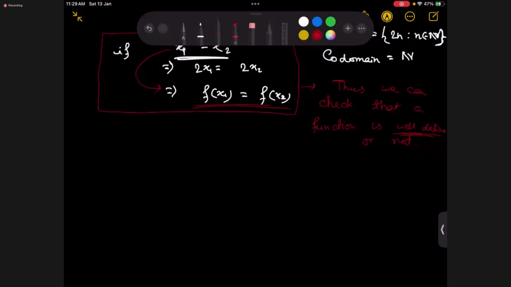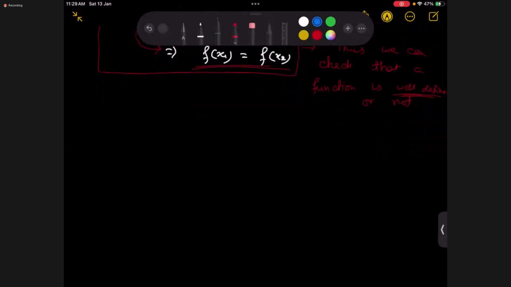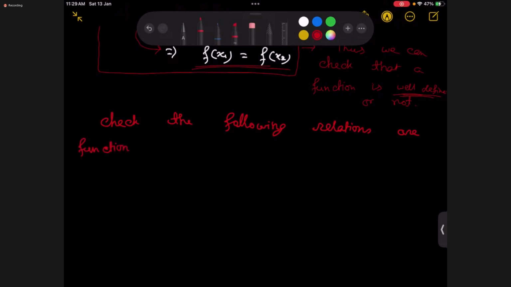So let us take another example and find whether those are functions or not. The question is, are the following relations functions or not.